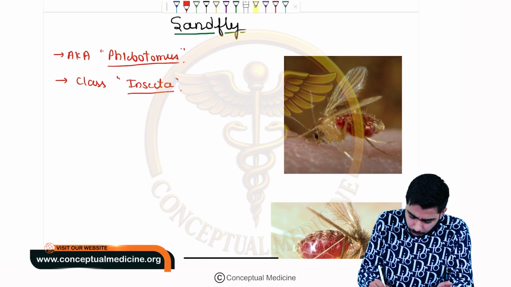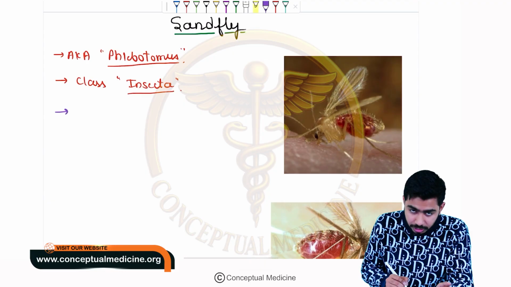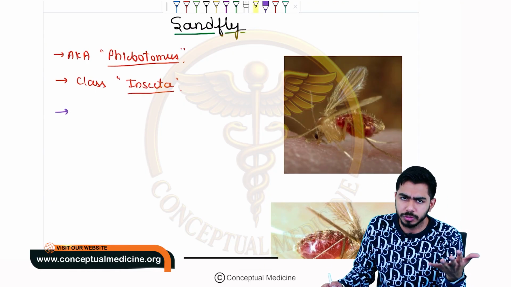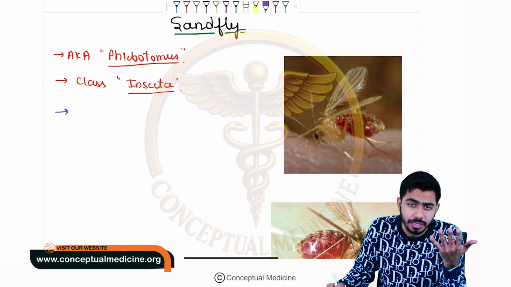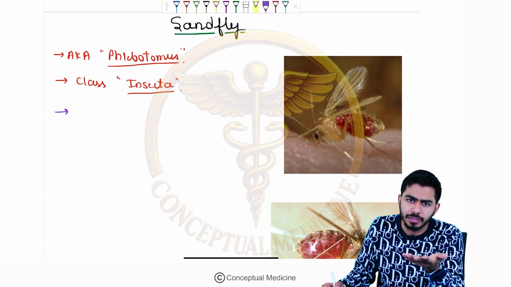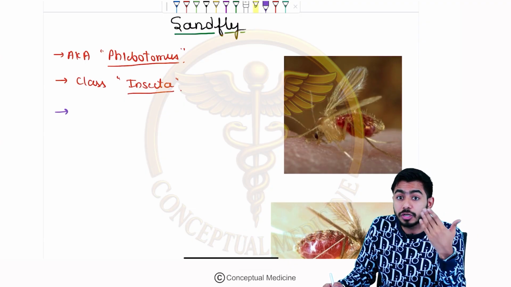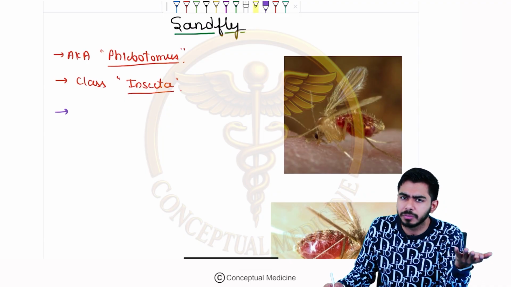But the point you need to know is that Phlebotomus is capable of transmitting various kinds of disease to humans, right? What kind of disease can they transmit? Sometimes they ask us what kind of disease can be transmitted through the sandfly, or which of the following diseases is not transmitted through the sandfly. These kinds of questions might appear in your exams.